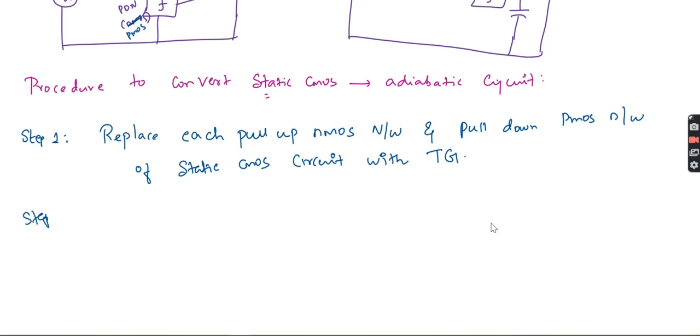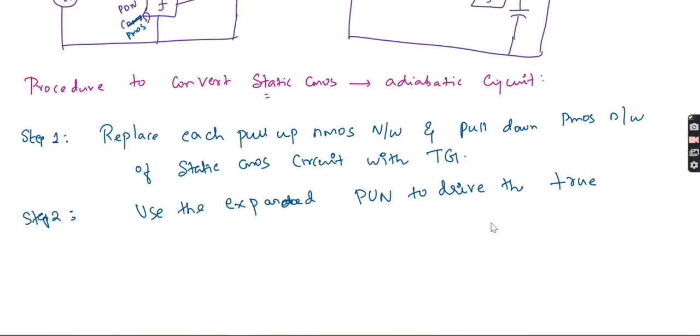Step number 2. So you have to use the expanded pull up network, PUN, okay, pull up network, to drive the true load capacitance.